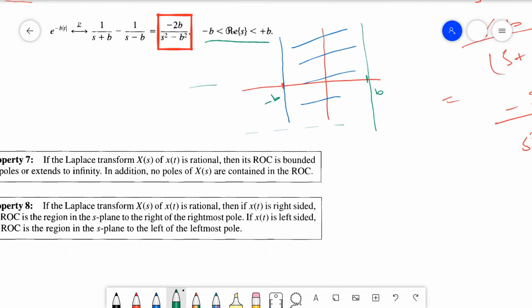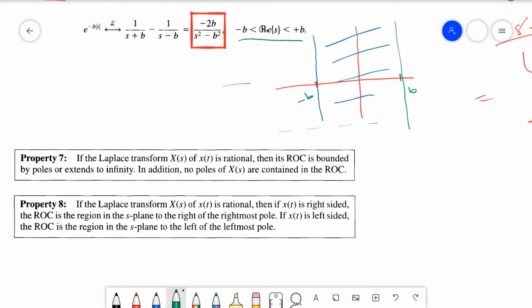Okay. Then there are some other properties which are actually derived from the previous properties. Property 7 states that if the Laplace transform x of s of x of t is rational, then the region of convergence is bounded by poles or extends to infinity.